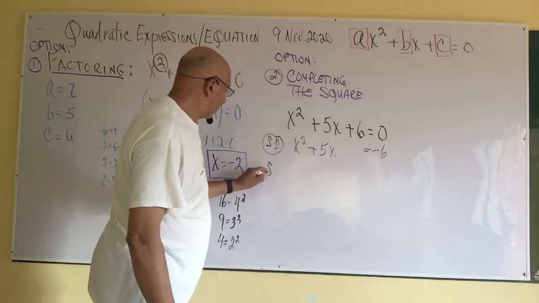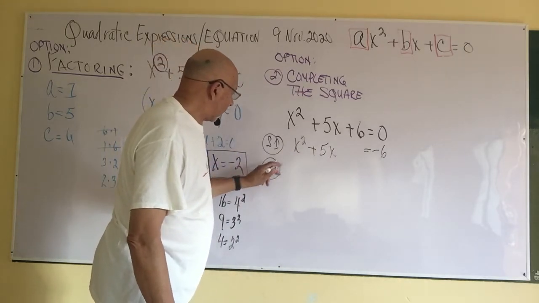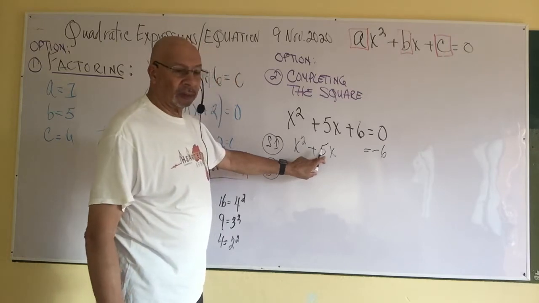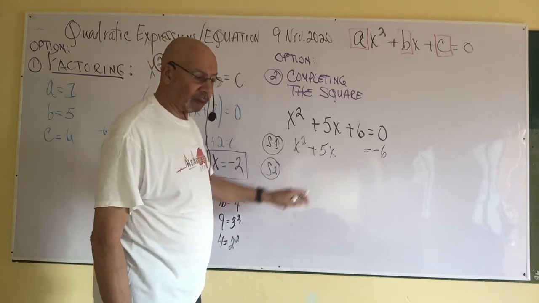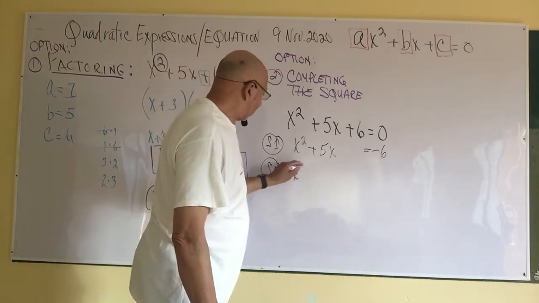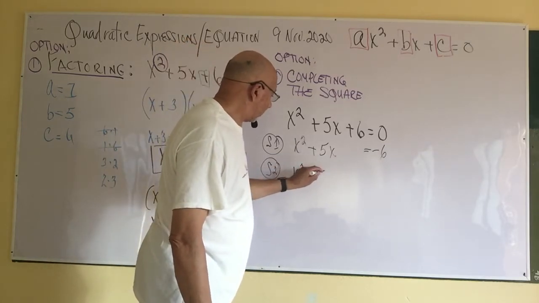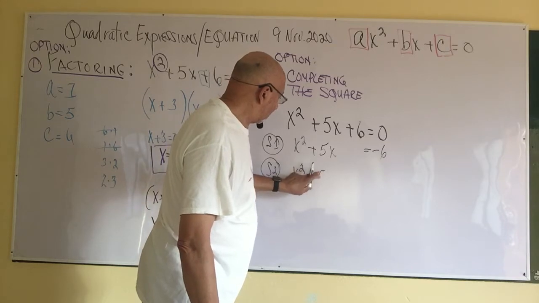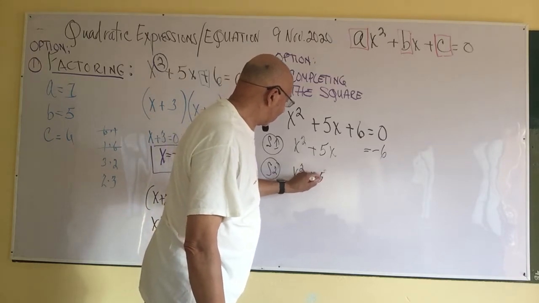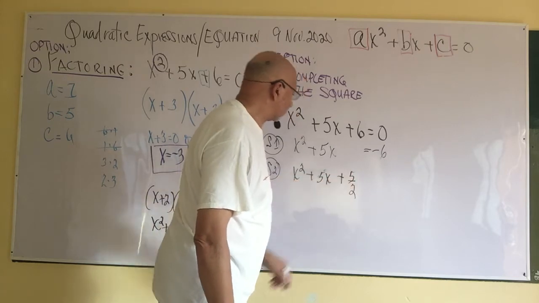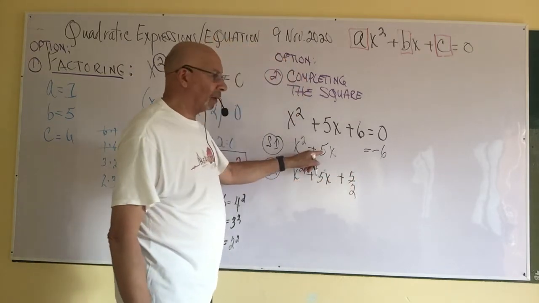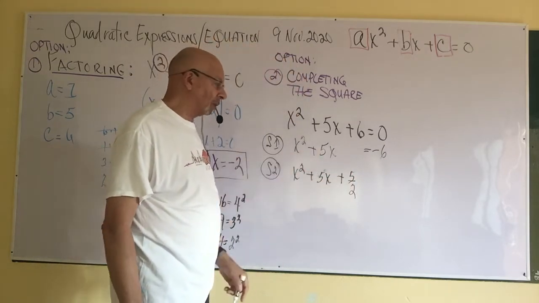Step 2 is to take half of the coefficient of the x term. So I have x squared plus 5x plus 5 over 2, because half of 5 is 5 divided by 2.